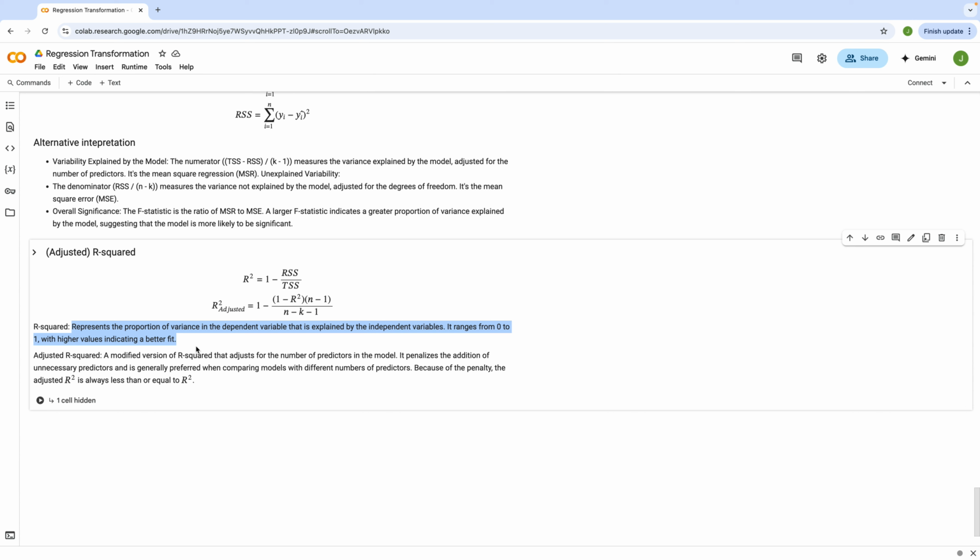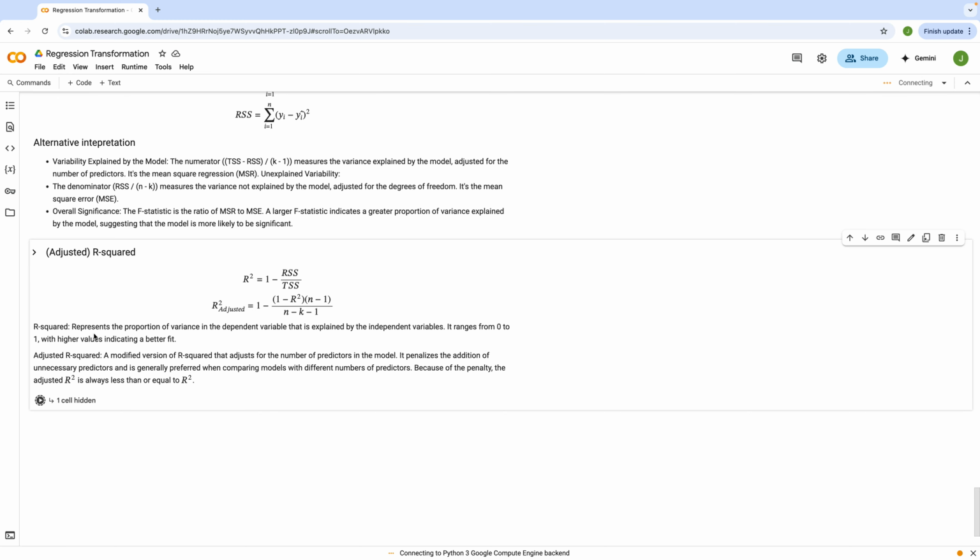And it ranges from 0, explaining 0% of the data variability, to 100%. By the way, you only typically adjust if you have more than one predictor, so if you use multivariate regression.